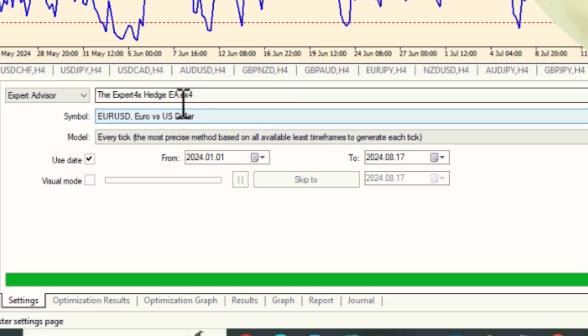So what we've done is we said, okay, let's see how this new hedged EA would have performed this year. So we tested it from the 1st of the 1st up until today, which is the 17th of the 8th, which is a Saturday, but the testing will obviously only run to the 16th, which is the Friday.